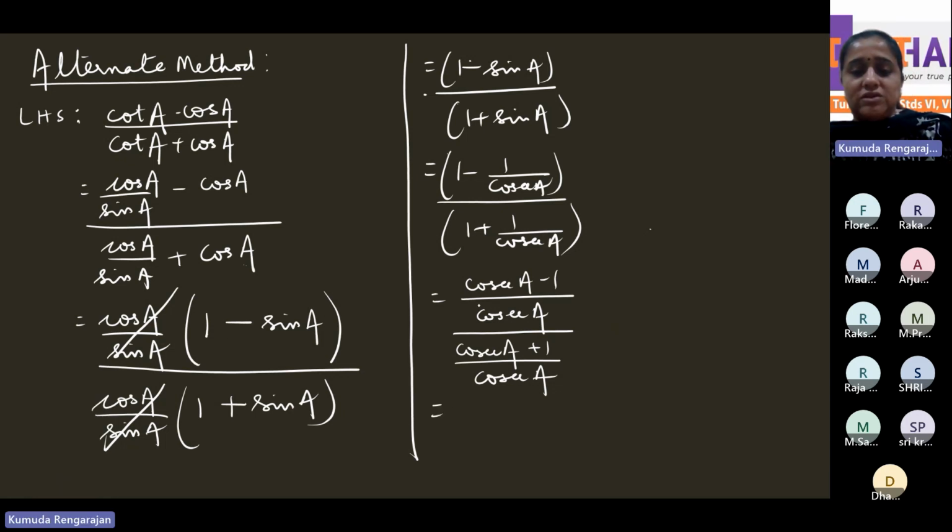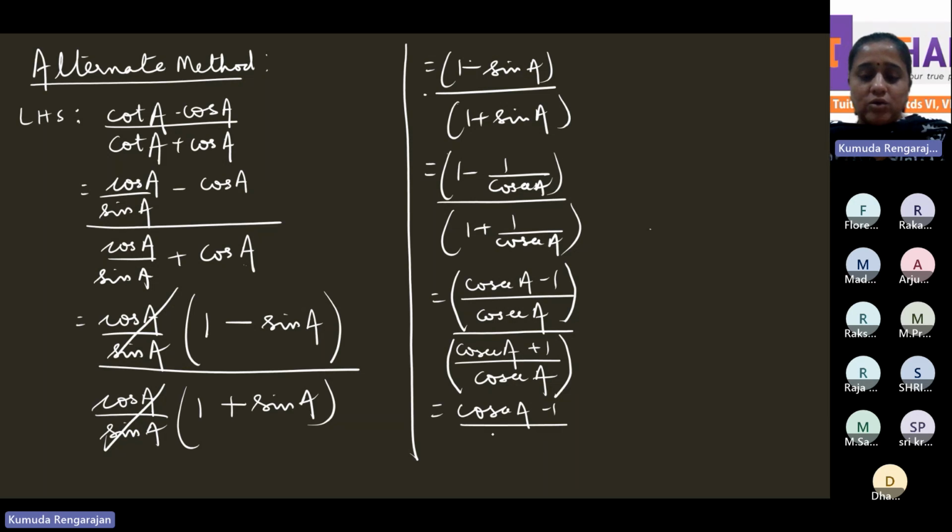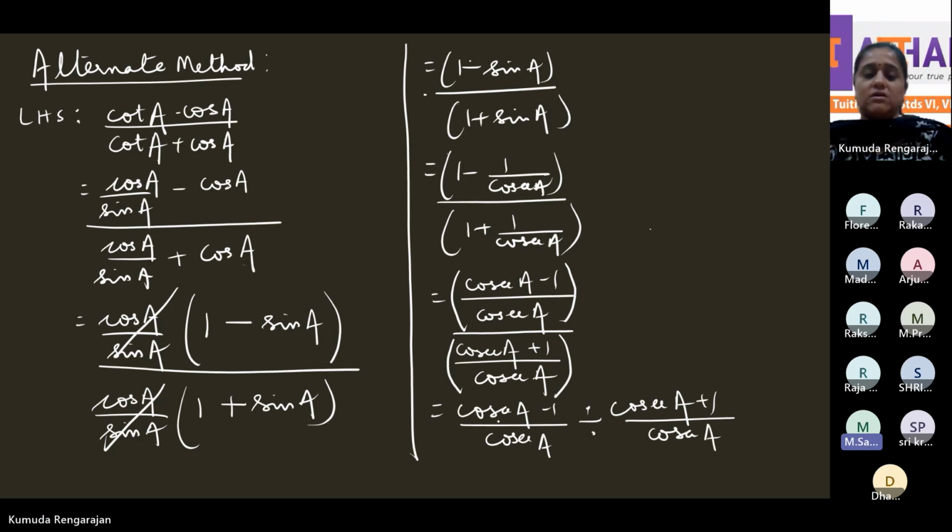So this is nothing but, which is the numerator? This is the numerator. This is the denominator, correct? Yes, ma'am. So next step is cosecant A minus 1 by cosecant A divided by cosecant A plus 1 by cosecant A. Is this correct? Yes, ma'am.